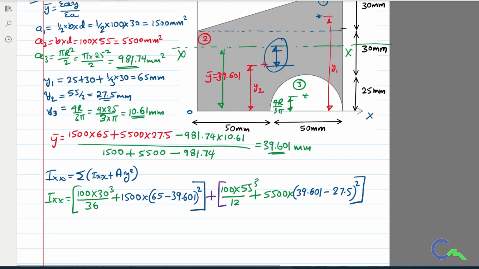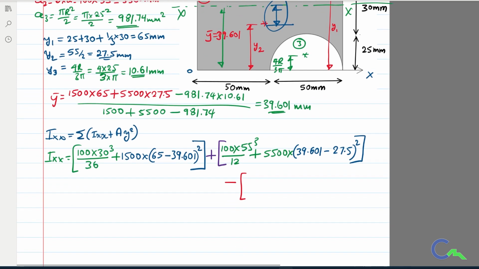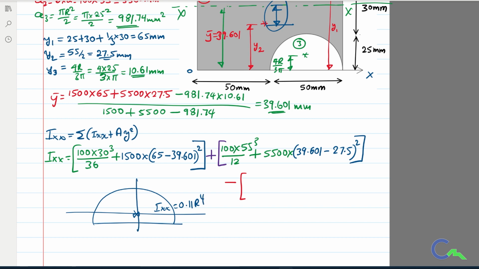The last figure is the opening, so I have to deduct that one. For the semicircle, as per our derivation, you can refer to the video also, Ixx I got is 0.11 r to the power 4, and Iyy I got is 5r to the power 4 divided by 8.